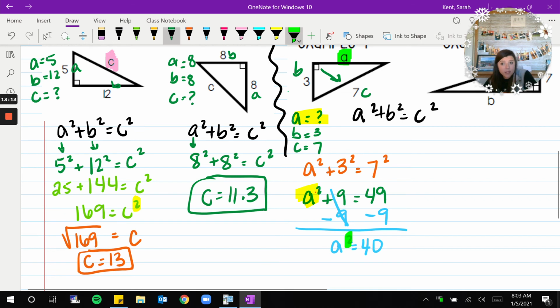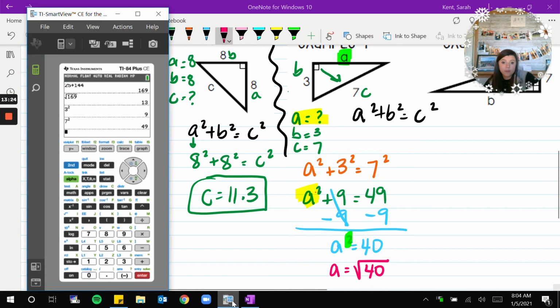The opposite of the square is a square root. So I'll have A equals the square root of 40. Here I want second square root. I'm going to type in 40, and here I'll get 6.3.